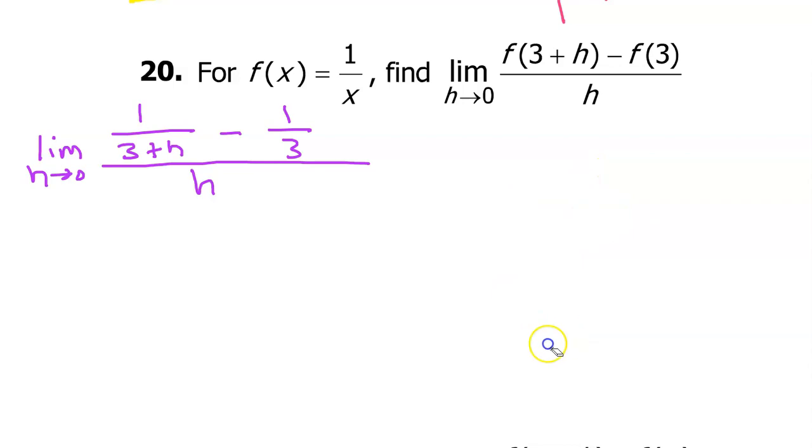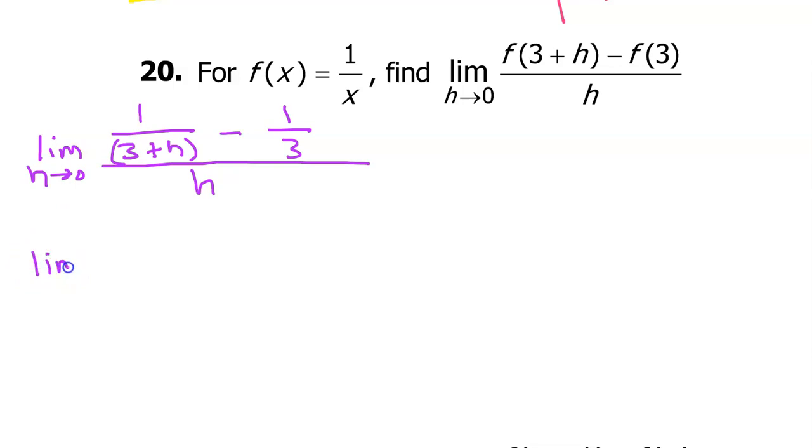So I'm going to do a combination of both of those things. I'm going to take this h and I'm going to use it to divide both of these terms that are in the numerator. And like I just showed you, when you divide a fraction by something, it's going to join into the denominator. So watch for this h to show up here and here. So here's what you get.